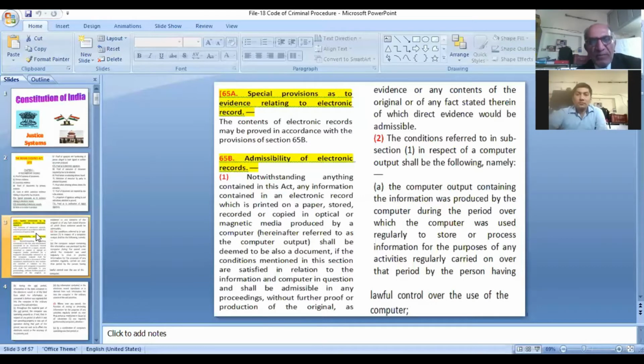Section 65B of the Indian Evidence Act is titled Admissibility of Electronic Records. It is the permissibility as well as the admissibility, both being taken up in section 65B.